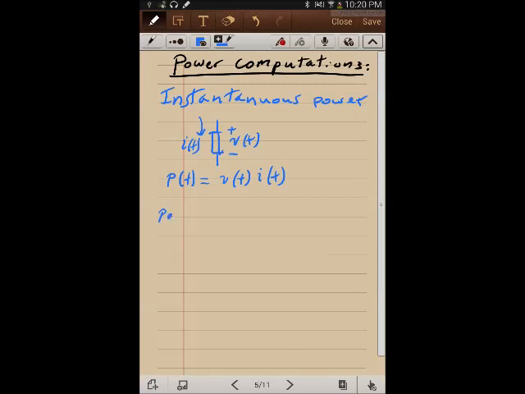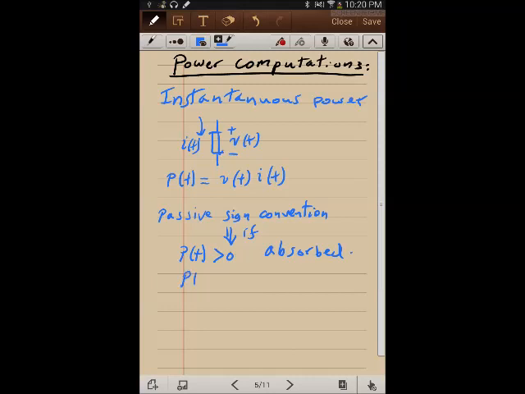Using the passive sign convention, if the power is greater than 0, then the power is being absorbed.